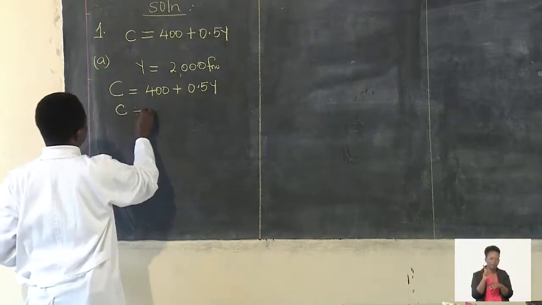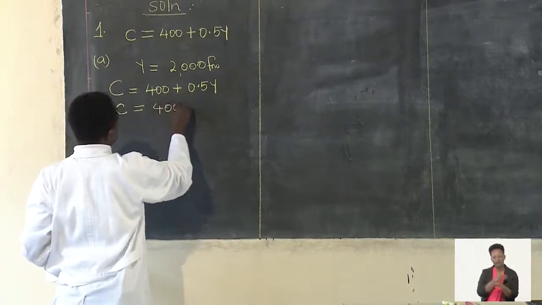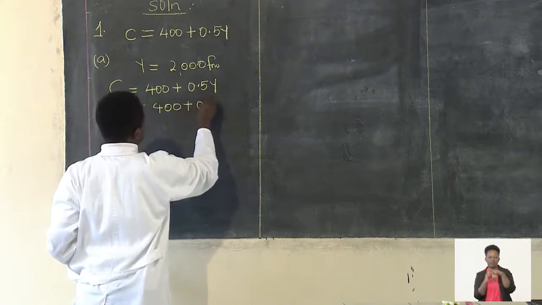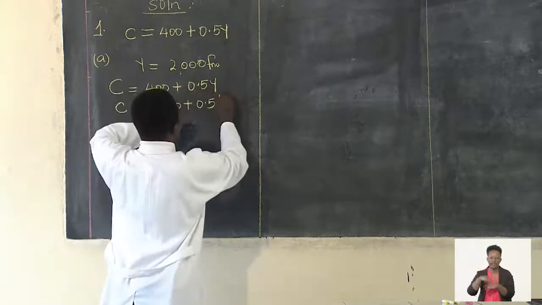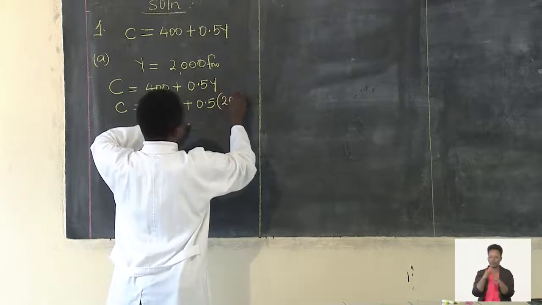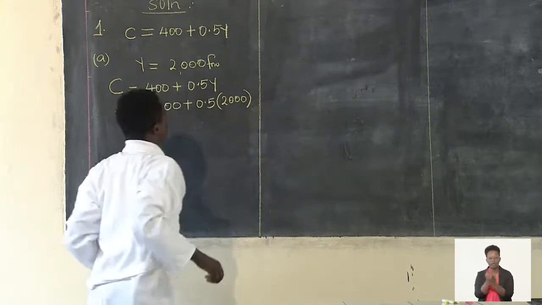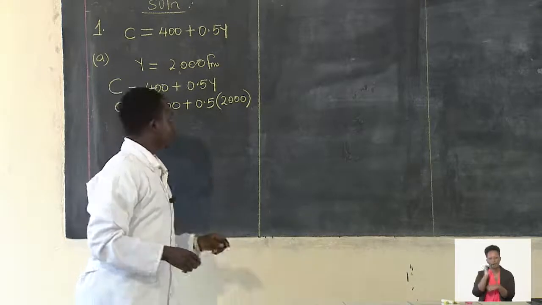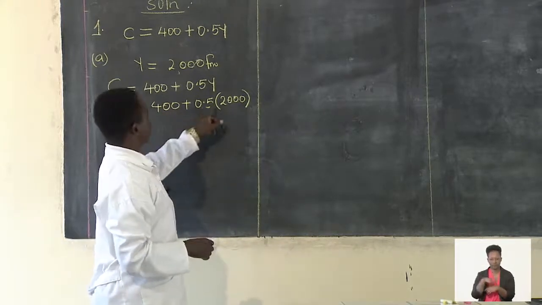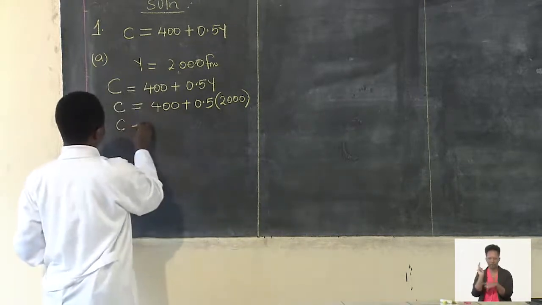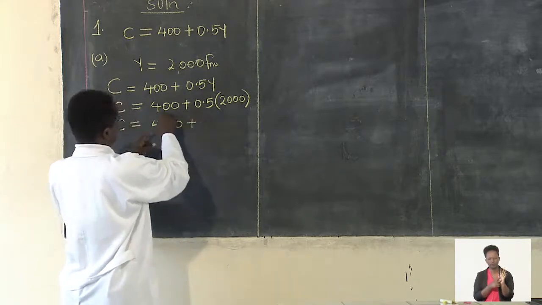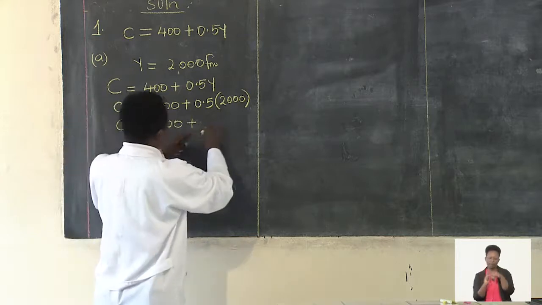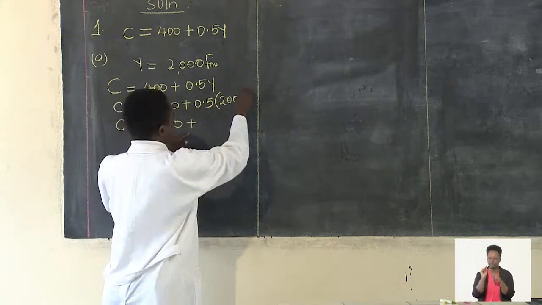But we have been given the disposable income in this way. So our consumption now will be 400 plus 0.5, then the income that we have, you multiply 2,000, because they have given us the income of this individual. So we have 0.5 times 2,000. So what will be our consumption for this person? This is 400 plus, if you get 0.5, you multiply 2,000.